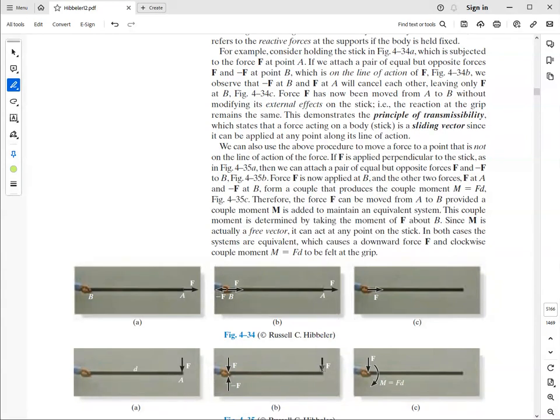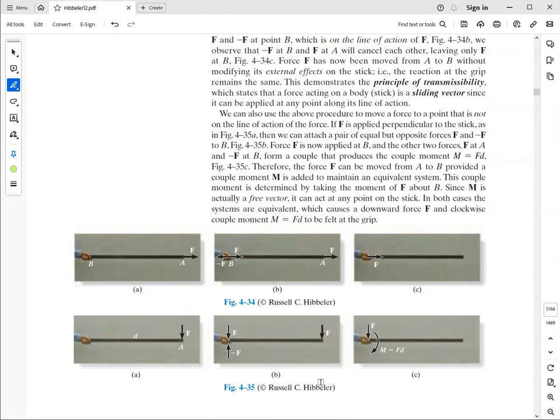If I take this force F and place it at the hand, in order to have the hand sense the same type of loading, I need to introduce a couple moment that is equal to F times the distance D. All right. So yeah, this is essentially the essence of this section.